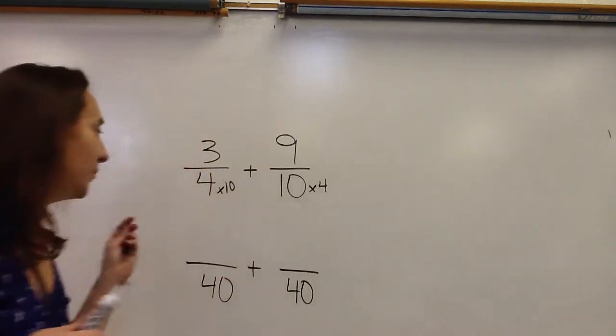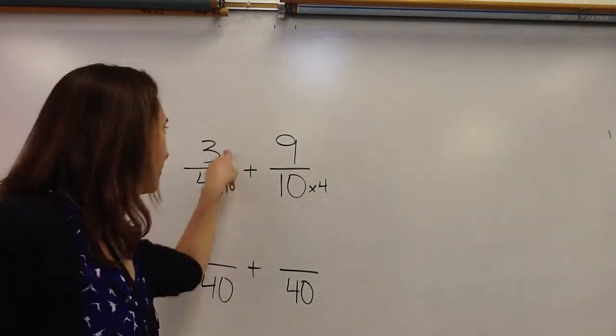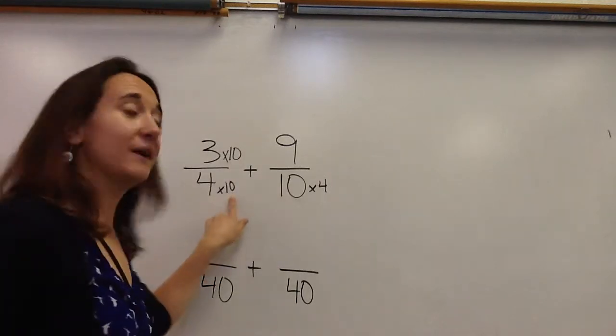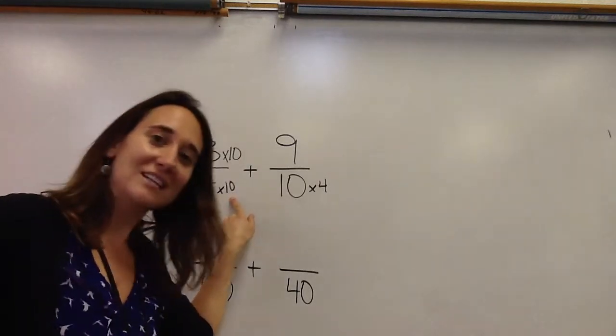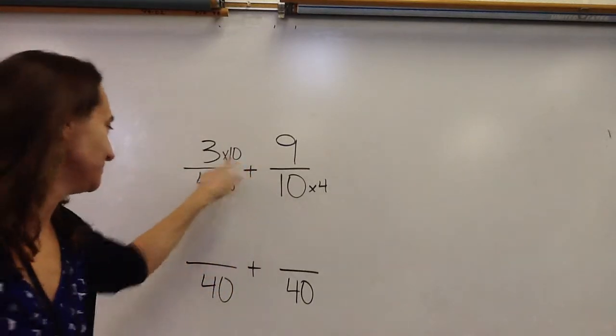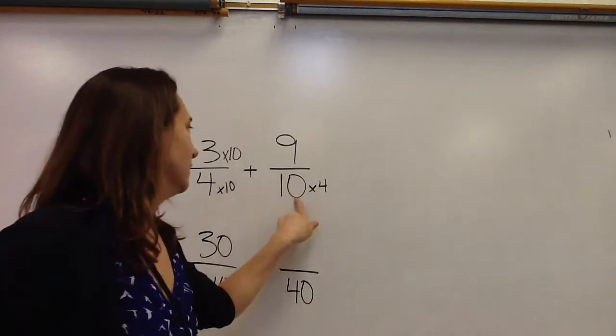All right, so remember the rule that whatever you do to the denominator, you also have to do to the numerator. It still is the same. We multiply this denominator by 10, which means we need to multiply this numerator by 10. 3 times 10 is 30.